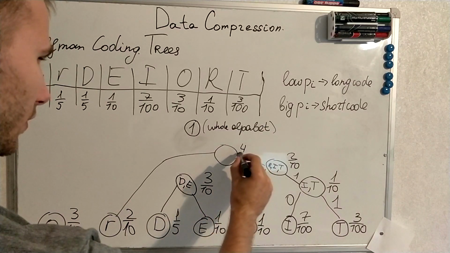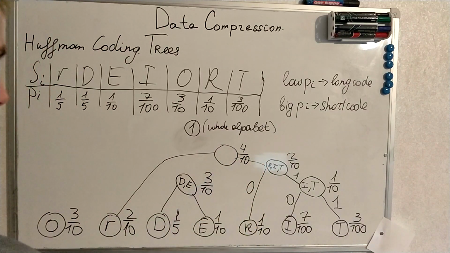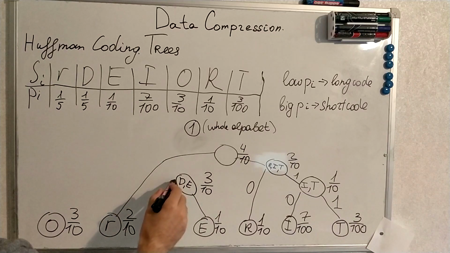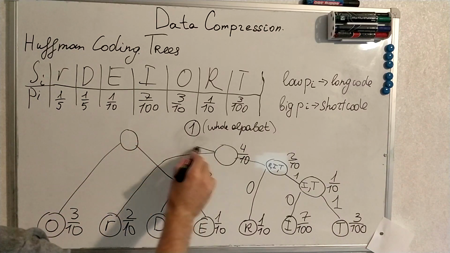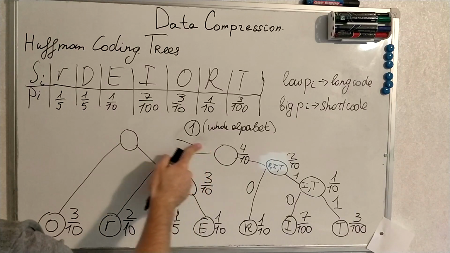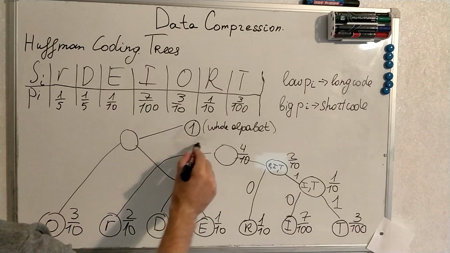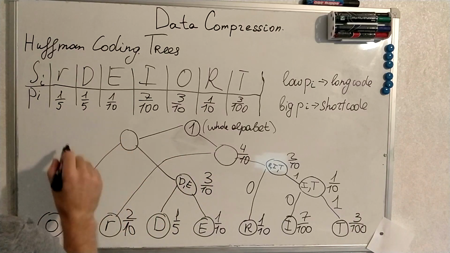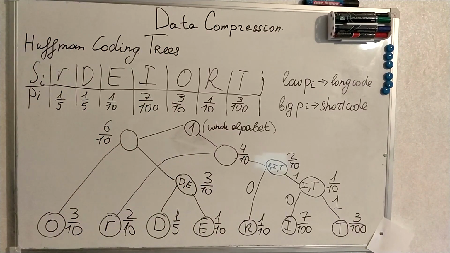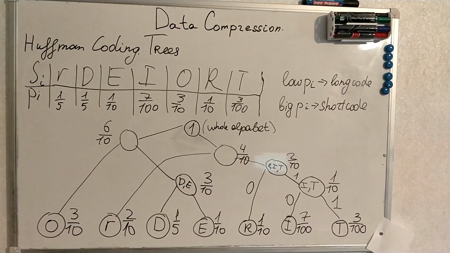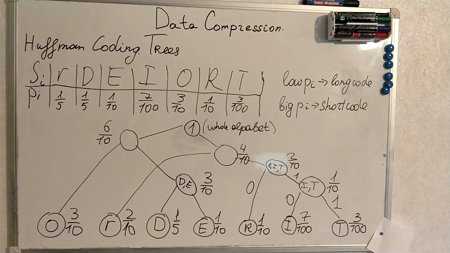It will be 4. Now we merge these ones and at the end merge them together to the 1. 1 is 100% probability. The tree is a little messy. I will rewrite it in a couple of seconds and you will see, and I will describe the missing parts.